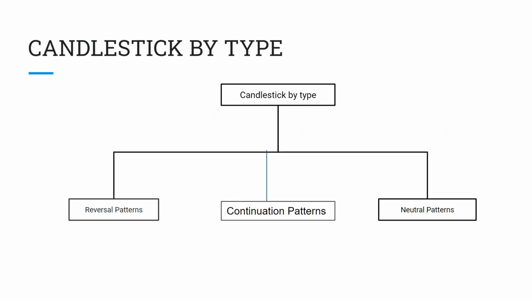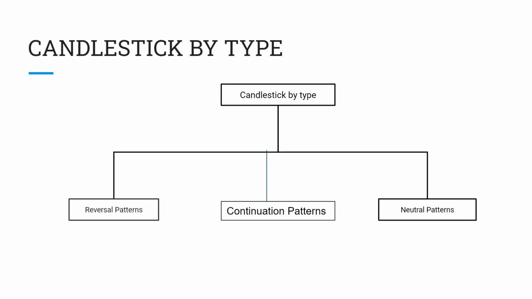Reversal patterns are divided into bullish reversal patterns and bearish reversal patterns. Continuation patterns are divided into bullish continuation and bearish continuation. Neutral patterns are not divided, because they just indicate a stop in price, but they don't show whether the price will continue or reverse.